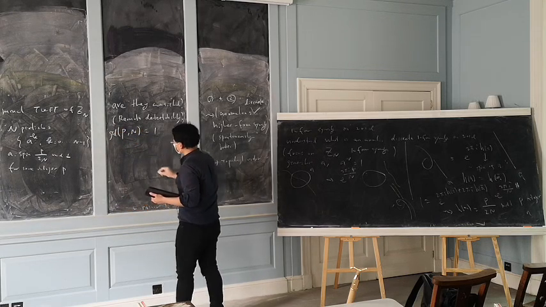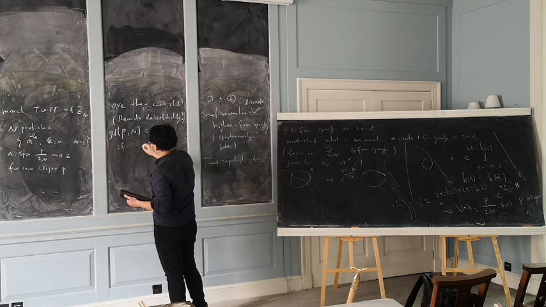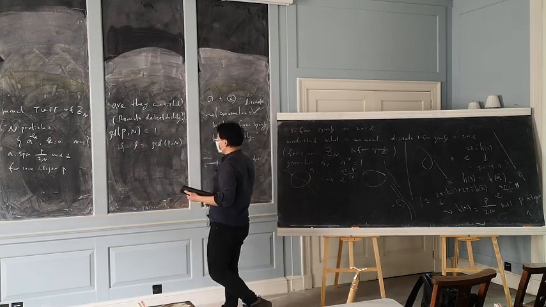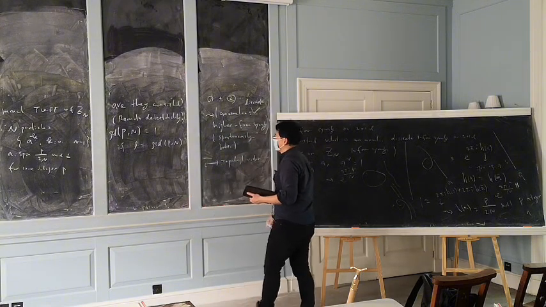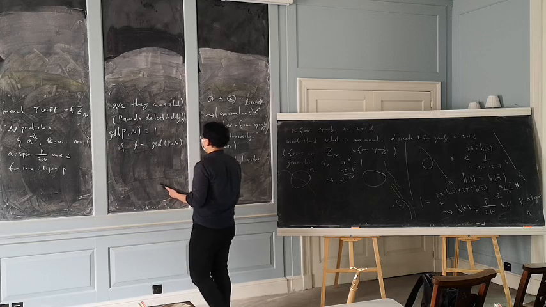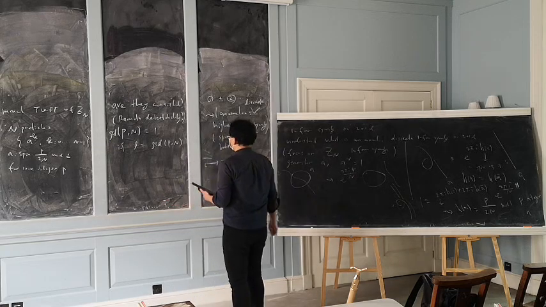Now, if there's a non-trivial GCD, so let's say L equals GCD of p and n, then you can find two particles inside this set such that they braid trivially, so the set violates remote detectability.